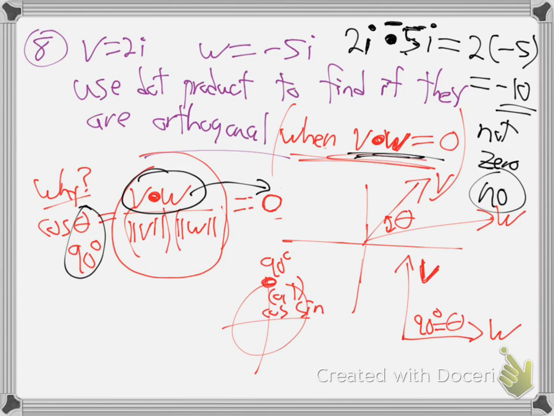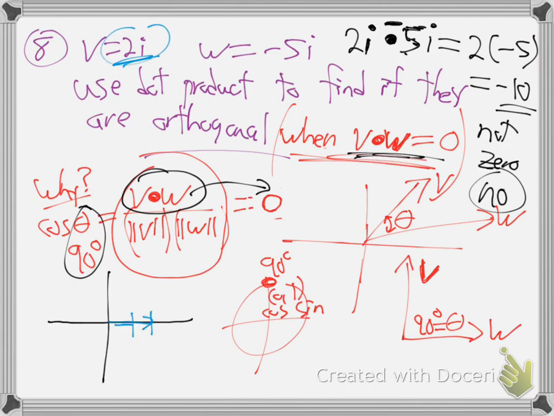Really, we could have known that from the beginning without doing any dot product. Did you think about what those vectors look like? Remember what the i and the j are? i is the sideways, j is the up and down. They're like x and y, basically. So 2i just goes 2 to the right.